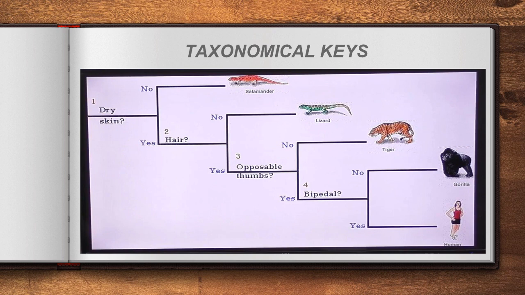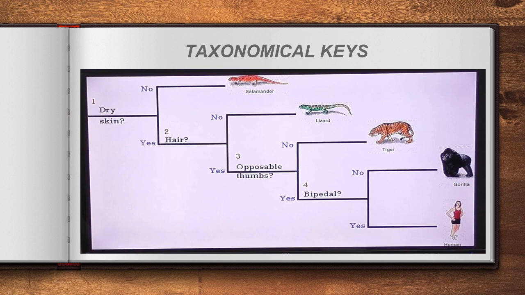For example, we want to know about a gorilla. The first question is whether this animal has dry skin. Maybe our answer will be yes. The second question, whether this animal has hair. Our answer will be yes. Then we will be moving closer to that animal.